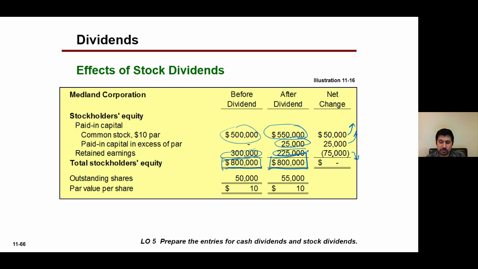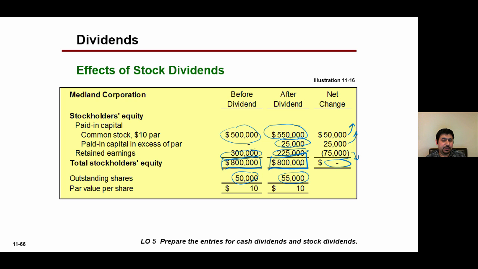The total stockholders' equity is not changed, but the number of shares has increased. It was 50,000, now it's 55,000, but the par value of each share remains unchanged. So here in this case, we did not change the par value. We simply increased the number of outstanding shares.